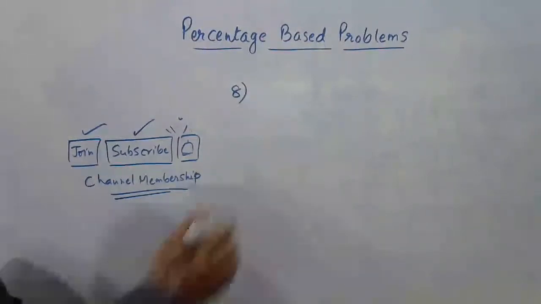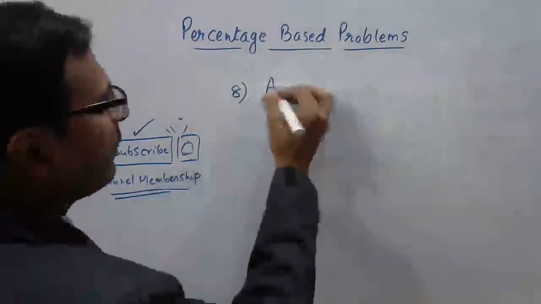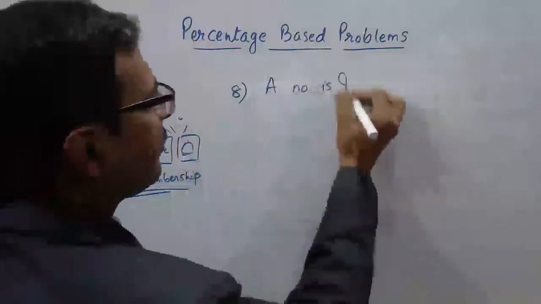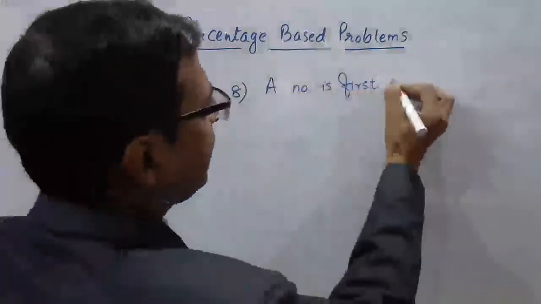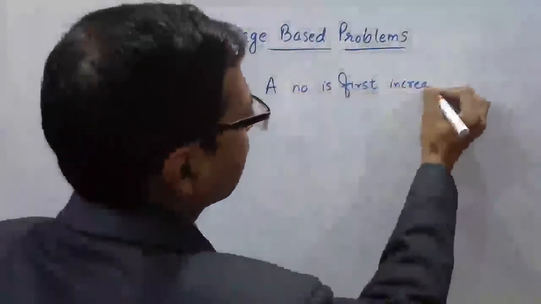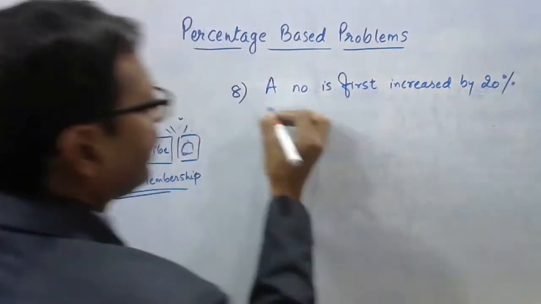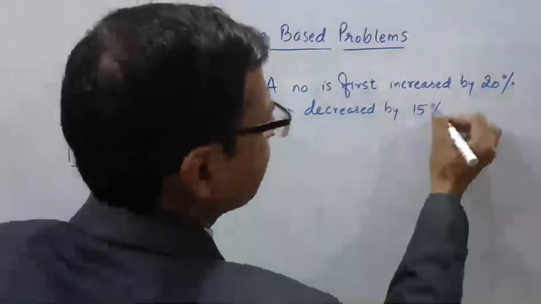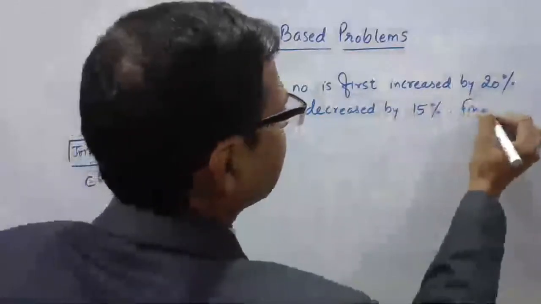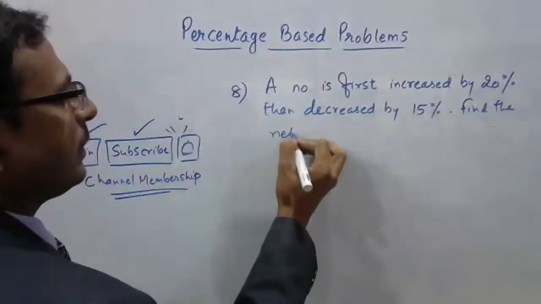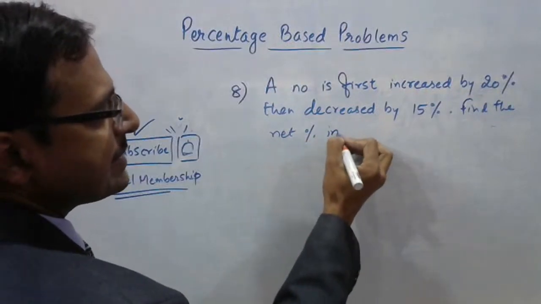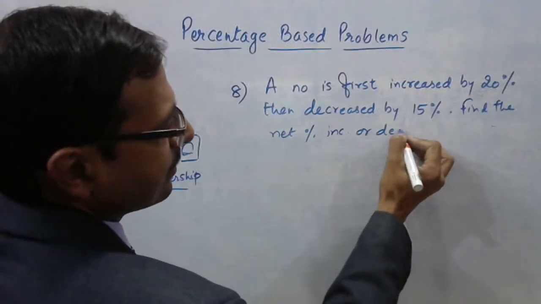Now, when a number is first increased by 20%, then decreased by 15%, find the net percentage increase or decrease.